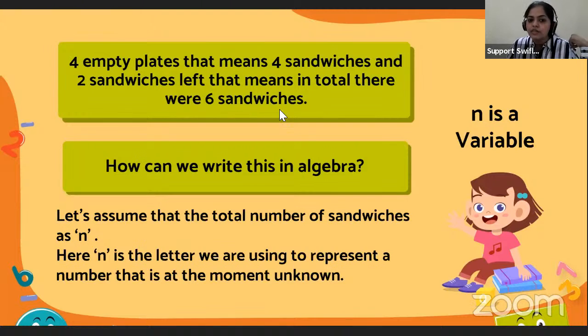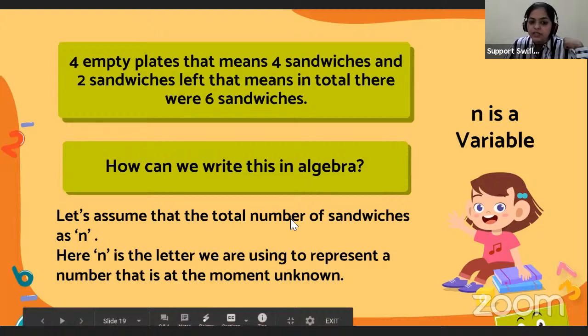So in all we have 6 sandwiches, right? It's so easy, we can simply solve it. But how can we write this in algebra? Yes, Divyanshi and Ankit, both are correct, 6. So how can you write this in algebra? So let's assume that the total number of sandwiches is n.